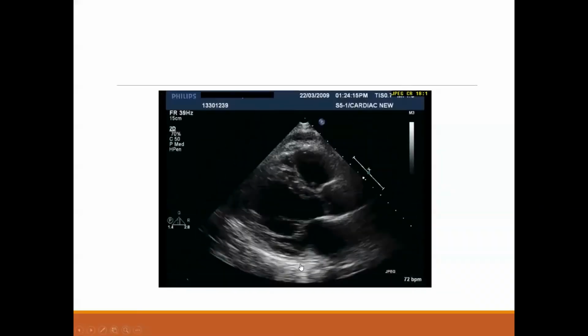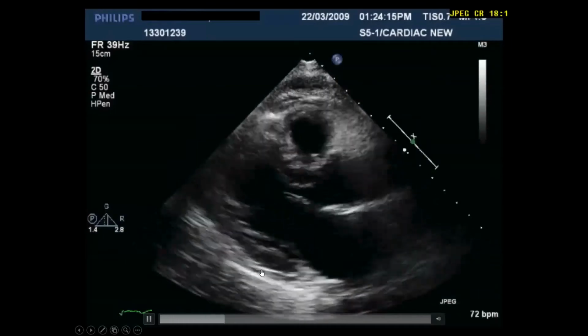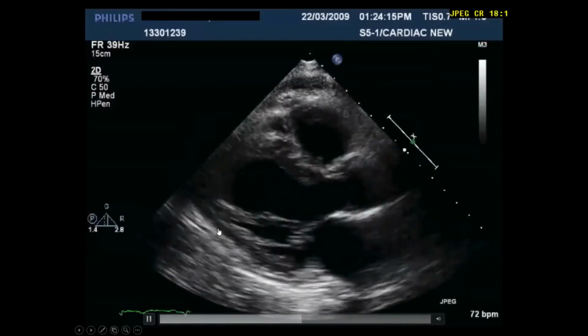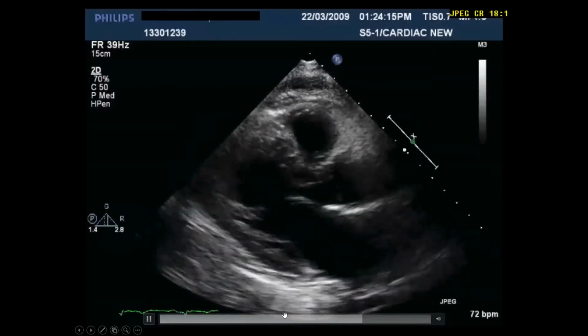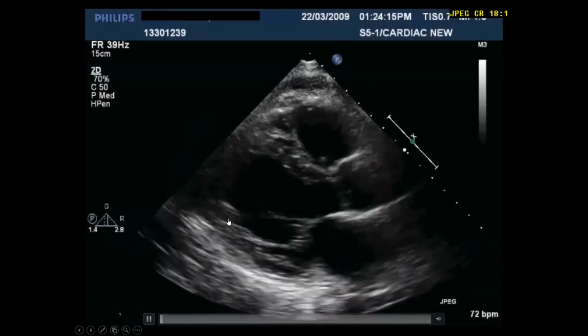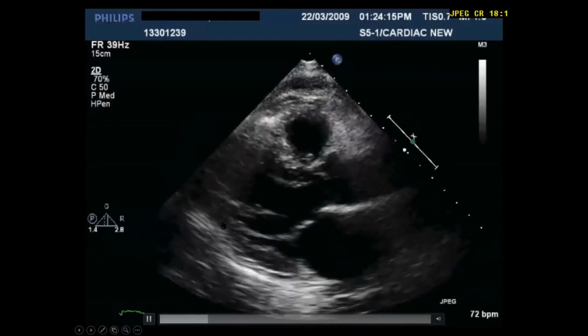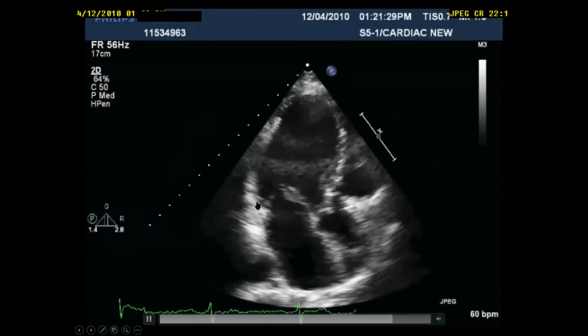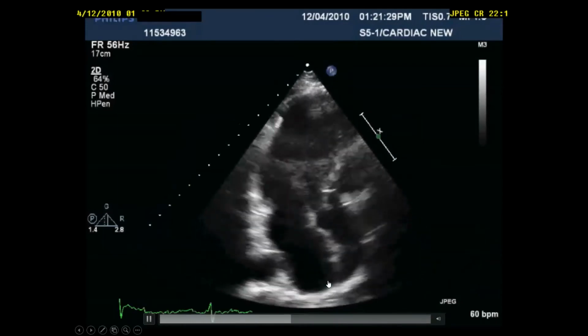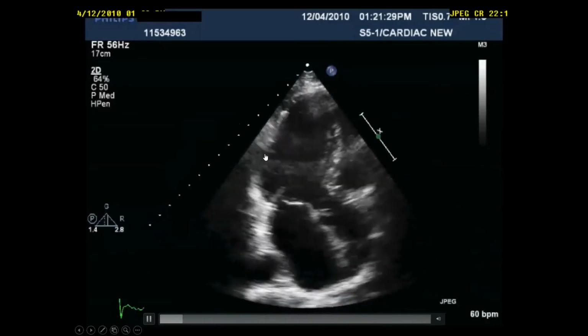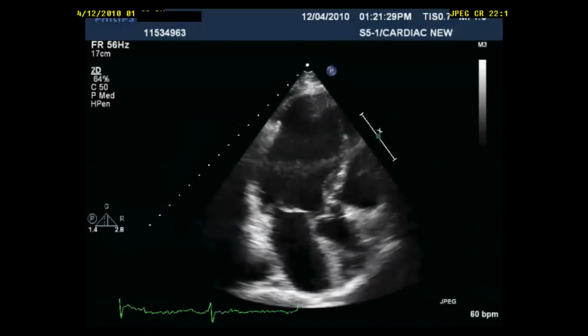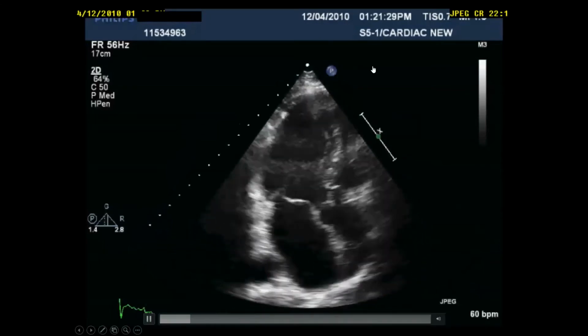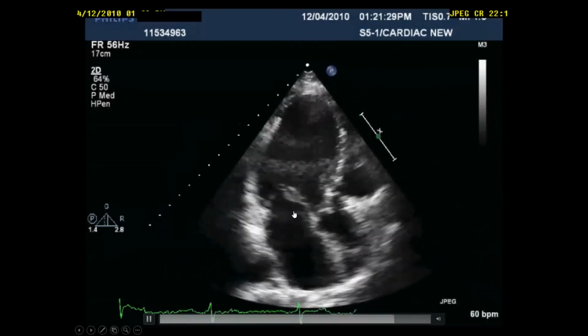Compare it with the previous one, which was akinetic but not thinned out, the thickness still preserved. Here it is echodense and thinned out, and this indicates scarring and non-viability.